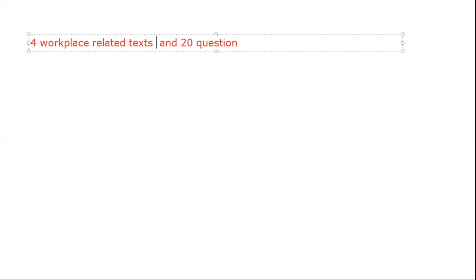What are the texts about? Okay, they will all be related to one healthcare topic, a single healthcare topic. So although they are 4, they will all be related to one single topic.